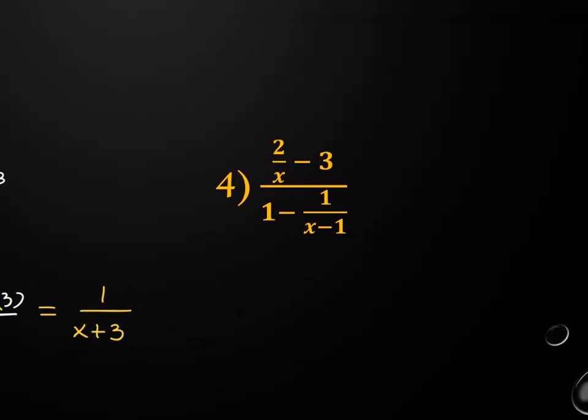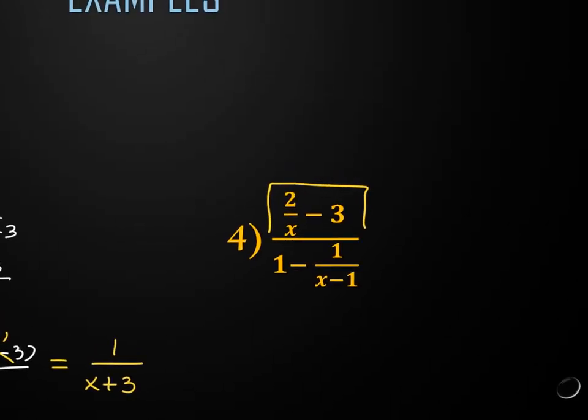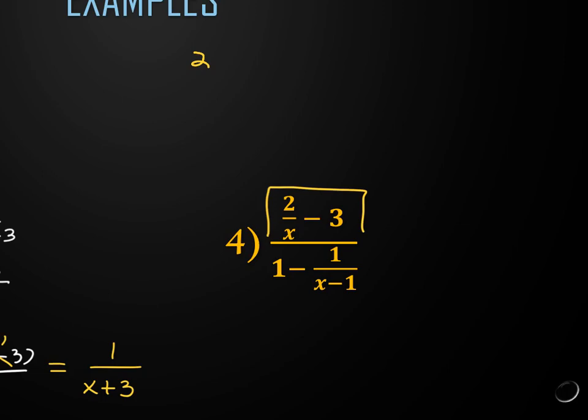So what I need to do is think about doing this problem separately. So I'm going to take 2 over x minus, and I could put 3 over 1. I need to find a common denominator. It's going to be an x. The first fraction is good. The second fraction is missing the x.